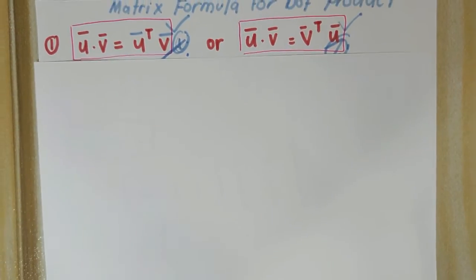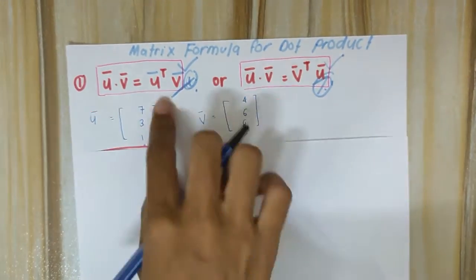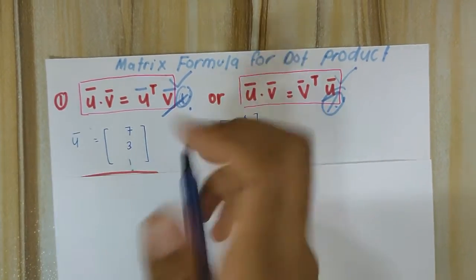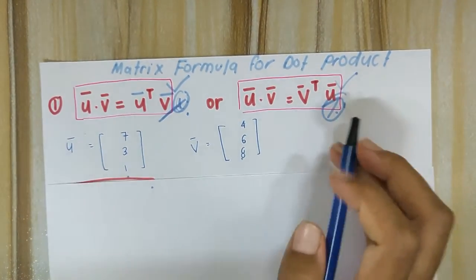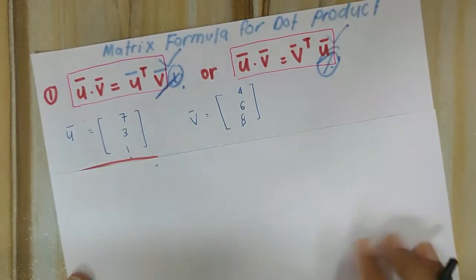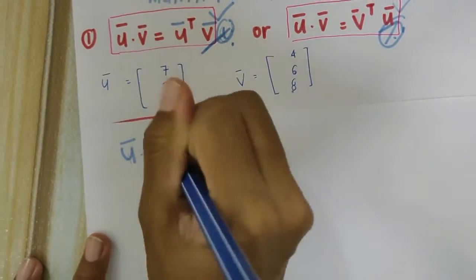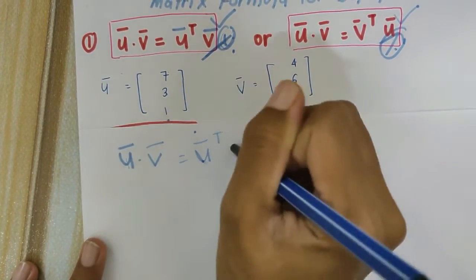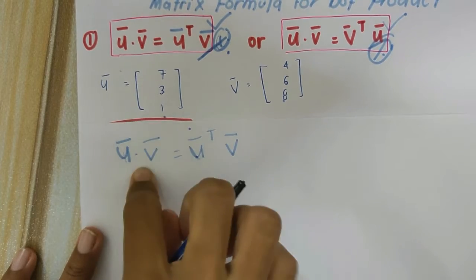So first I will give the examples for this first formula. Given that U bar is 7, 3, 1 and V bar is 4, 6, 8, I will proceed with the first formula. So U bar dot V bar equals U bar transpose V bar. We do the dot product first.